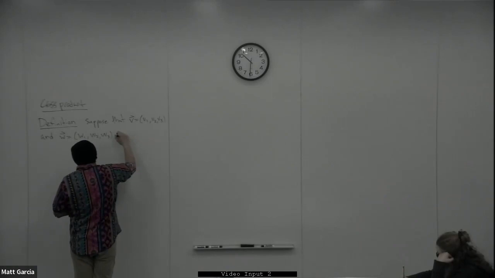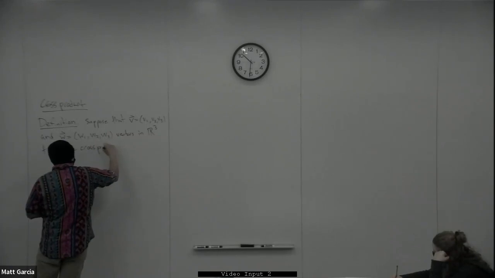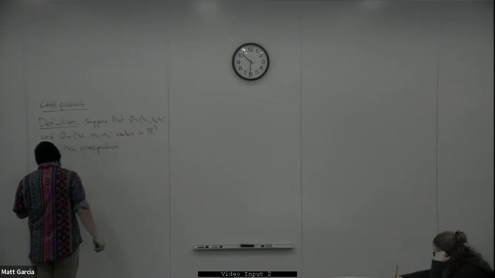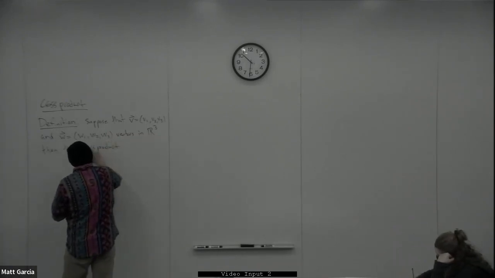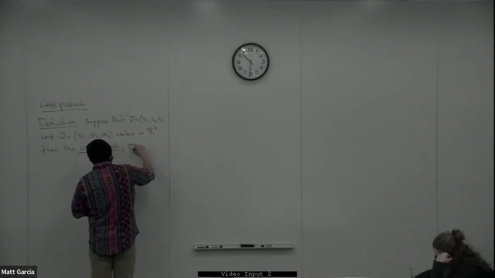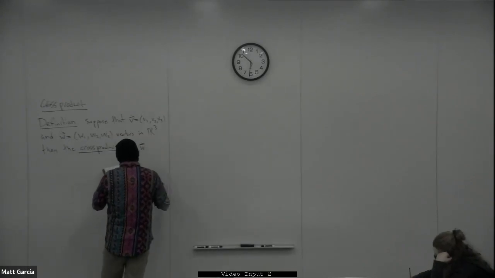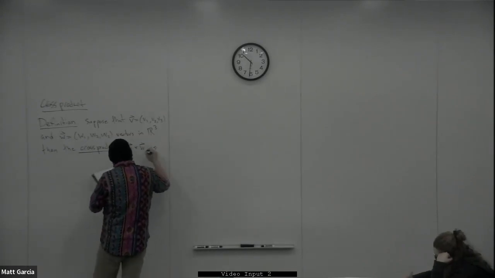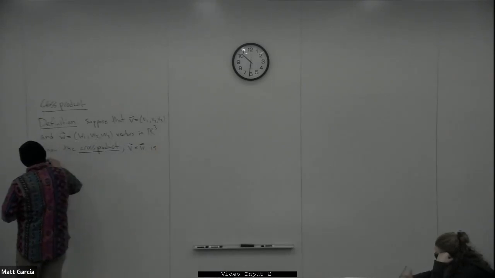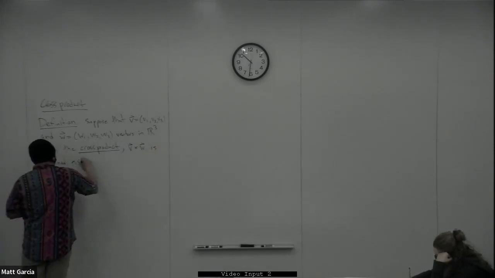Then the cross product, which we denote V cross W, is defined as follows.